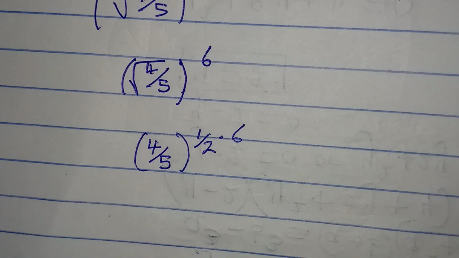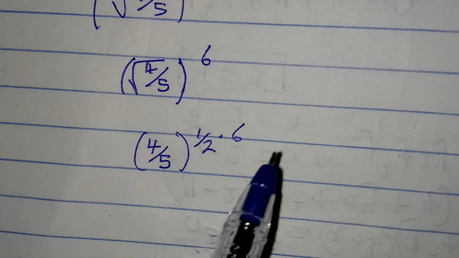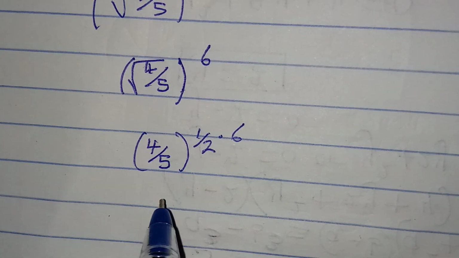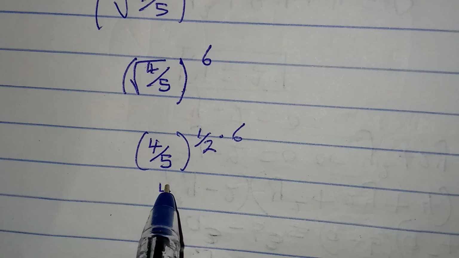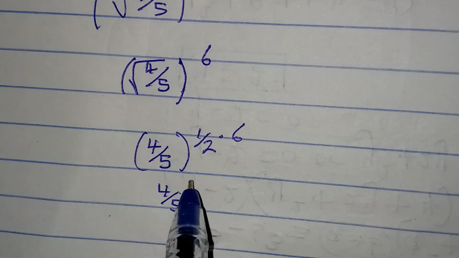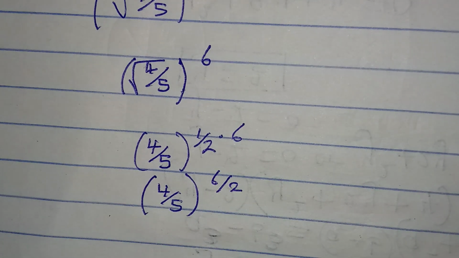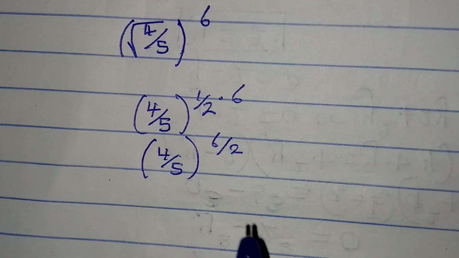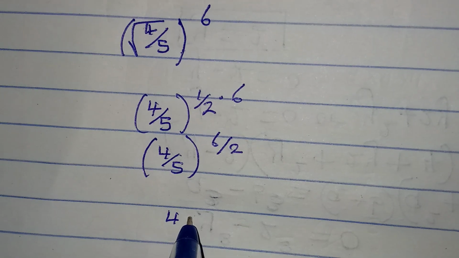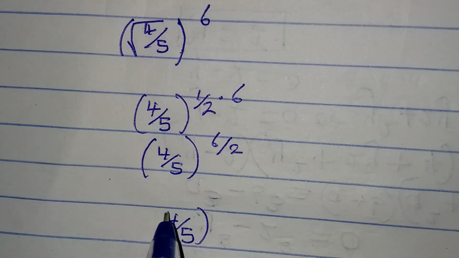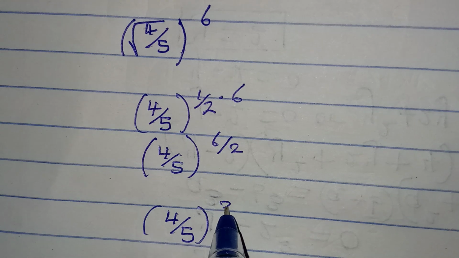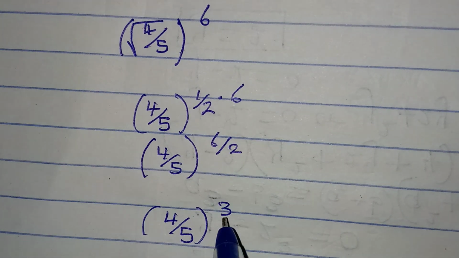And remember what the law says, that you can always multiply the powers. So we're going to have (4/5)^(6/2), and this will give us (4/5)^3. 6 divided by 2 is 3.